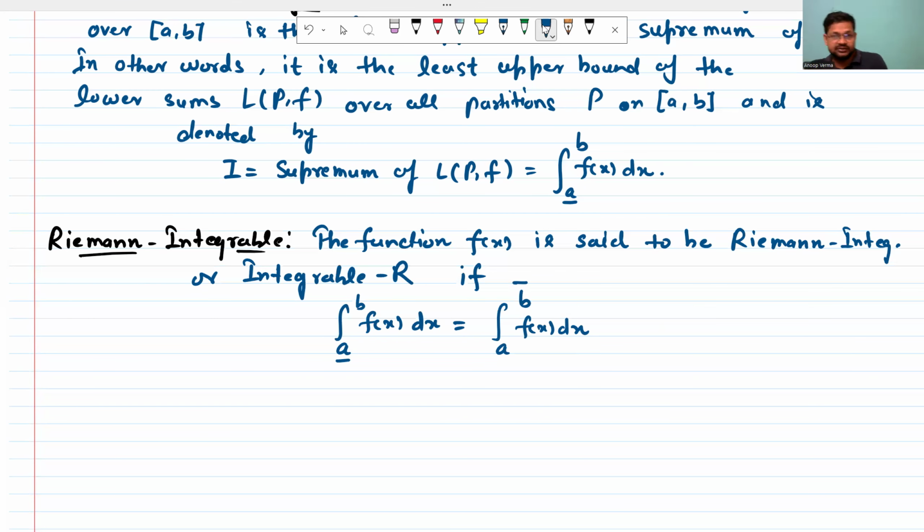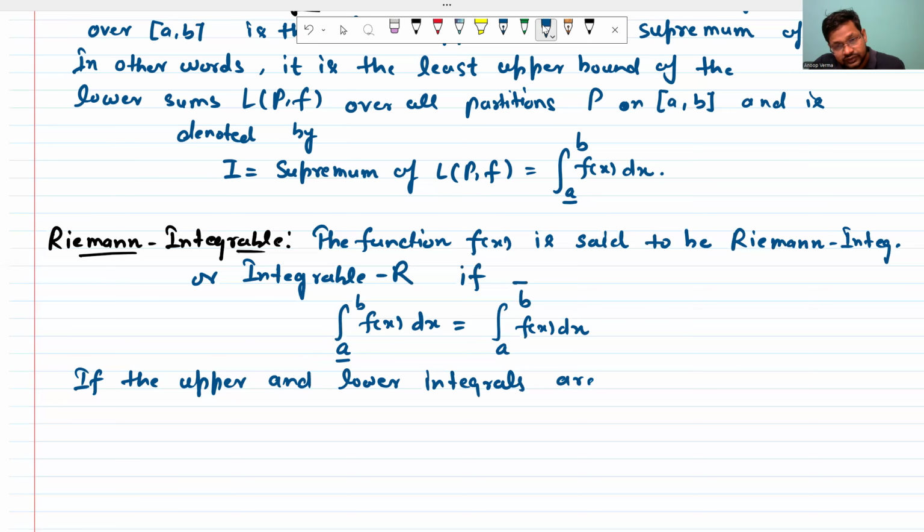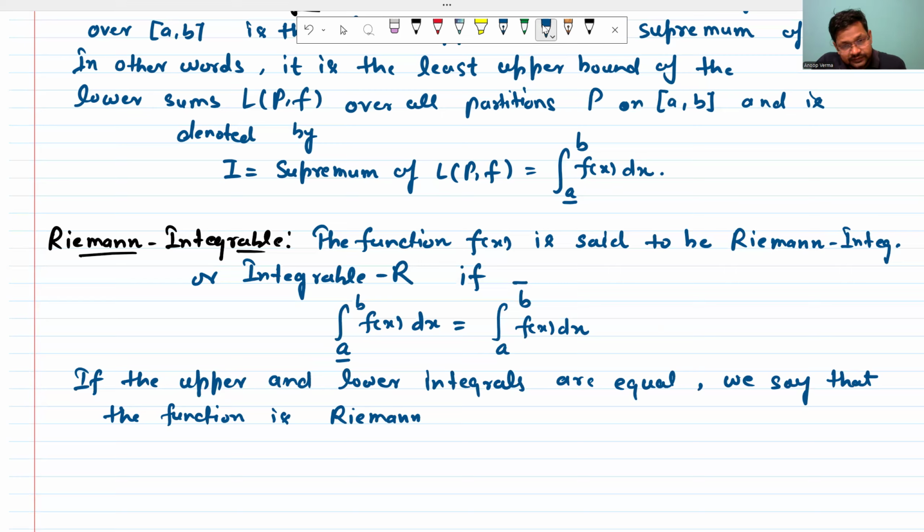If both are equal, then we say it is Riemann integrable.